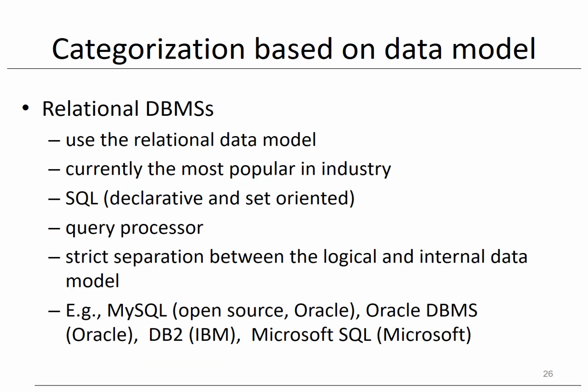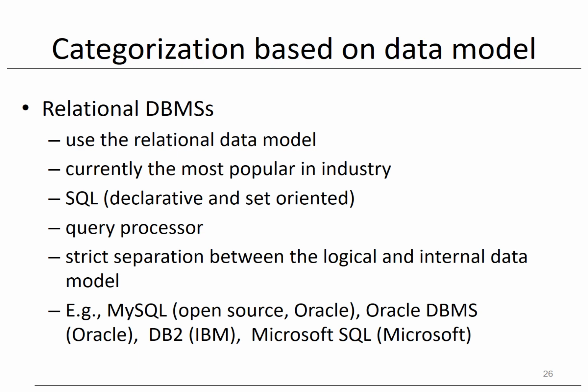Relational DBMSs, or RDBMSs, use the relational data model and are the most popular in industry. They typically use SQL for both DDL and DML operations. SQL is declarative and set-oriented. A query processor is provided to optimize and execute the database queries.